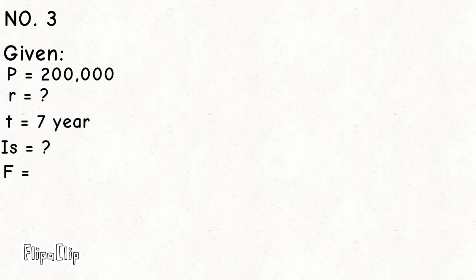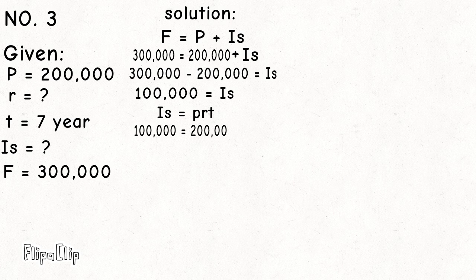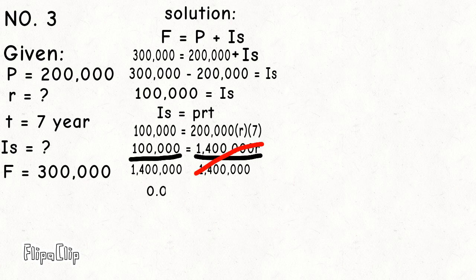Now let's move on to the last one, number 3. The givens are P equals 200,000, R equals unknown, T equals 7 years, Is equals also unknown, F equals 300,000. And now the solution. Let's begin with the formula of future value, F equals P plus Is.